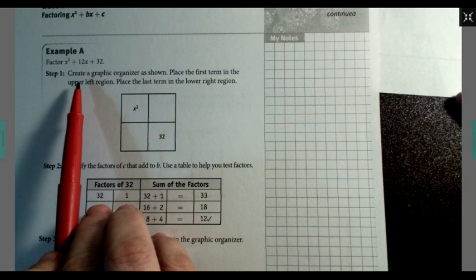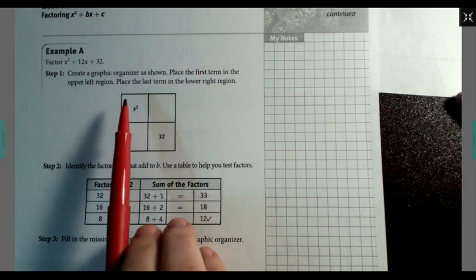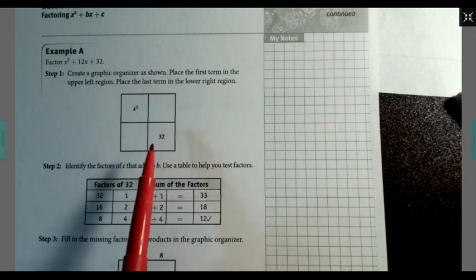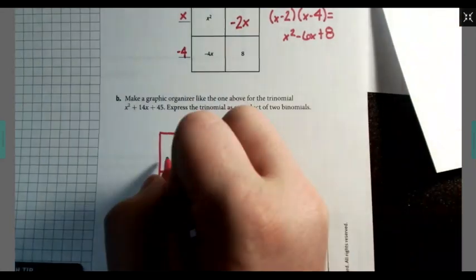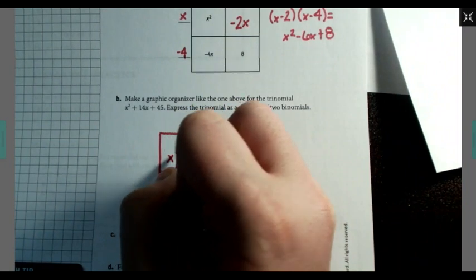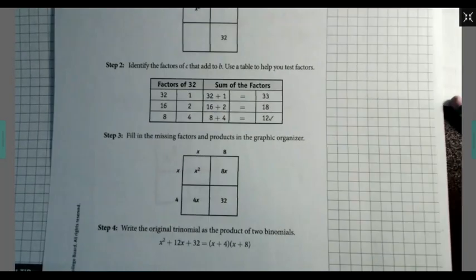Create a graphic organizer as shown. Place the first term in the upper left. Place the last term in the lower right. So we've got x squared, 45. That was step 1.